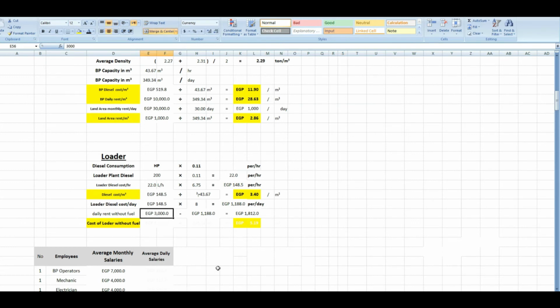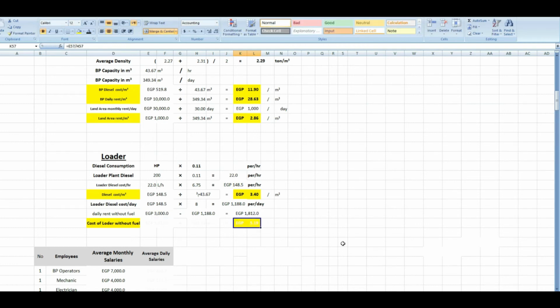If the rent of the loader is 3,000 with the fuel, we have to subtract the total rent of the loader minus the cost of diesel. It gives you the rent of loader itself without fuel equal 3,000. This is the rent of loader daily minus consumption of diesel cost per day.